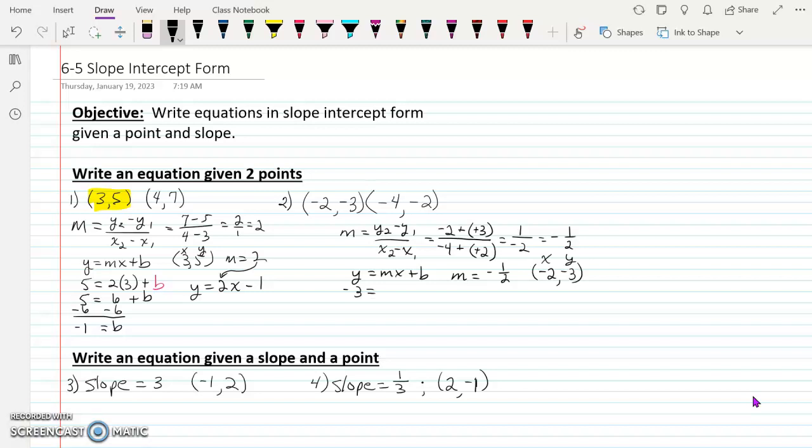So -3 equals -1/2 times -2 plus b. -3 equals 1 plus b. Then I need to subtract 1 from both sides, leaving me with b equals -4. So my equation would be y equals -1/2 x minus 4.